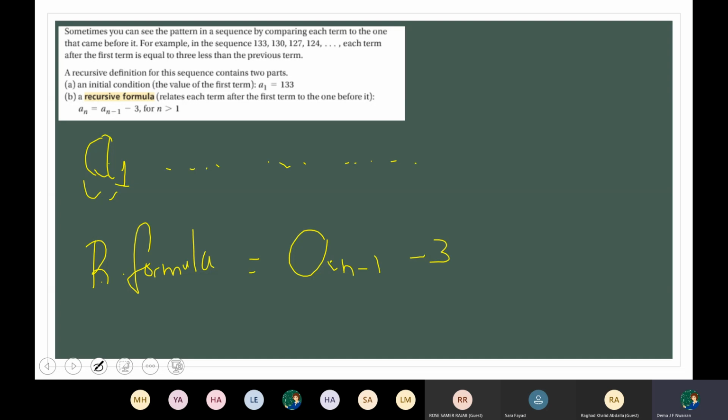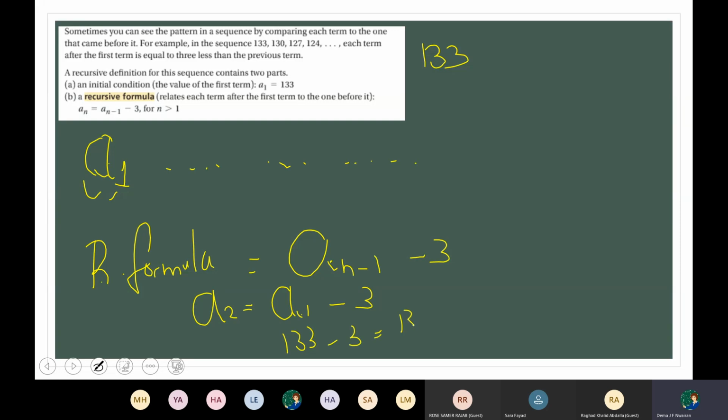For the recursive formula, I need both the initial term and the formula. If I know that A1, as an example, is 133, then A2 will be A1 minus 3. What is A1? It's 133.